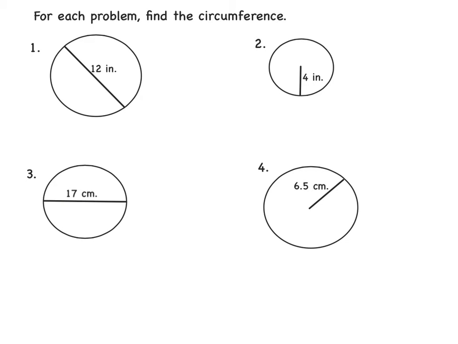Alright, number 1, I'm going to first write my formula. C equals 2 times pi times the radius. I'm looking for the circumference, so I leave C. 2 times 3.14 times my radius. Hopefully you saw that the 12 is the diameter since it goes all the way through the center. I only want half of that.